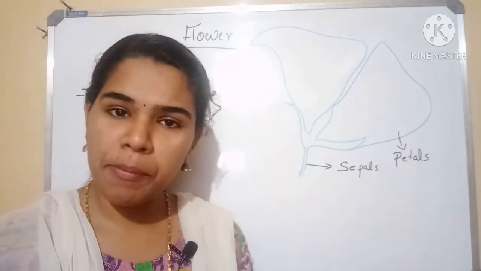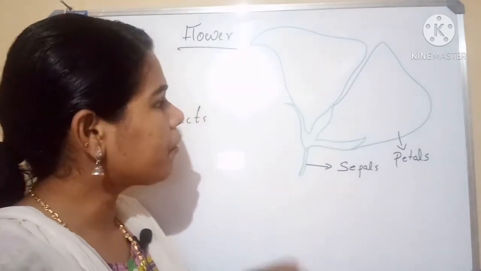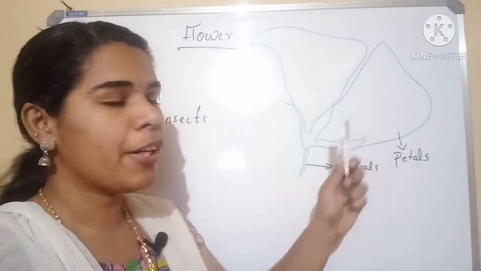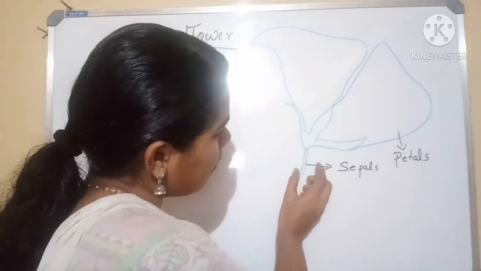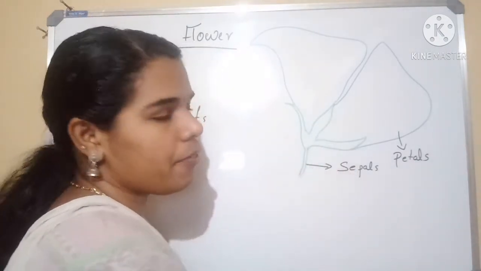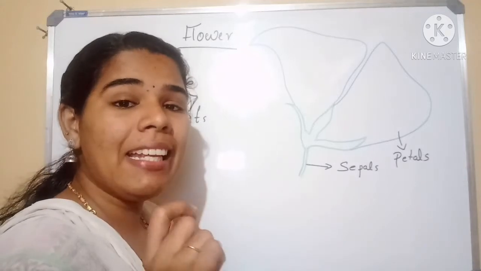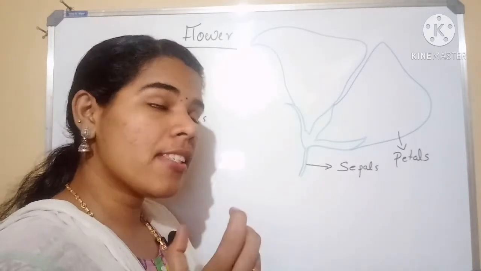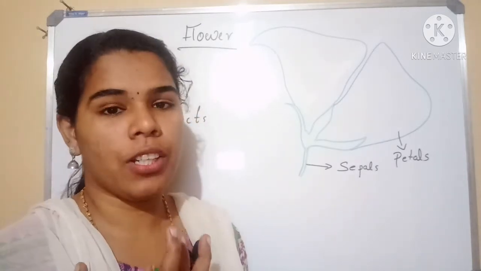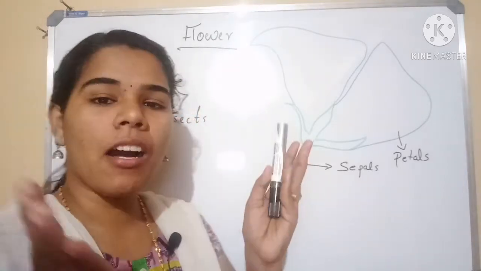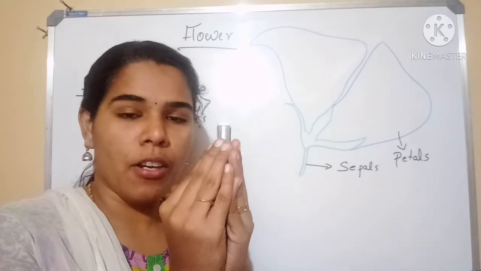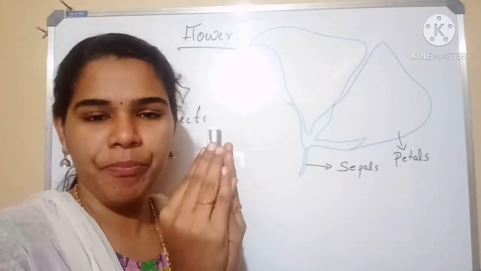So it's very simple. The outer part of the flower is classified into two. The first one is sepals. You can see them on the lower side of the flower, mainly greenish in color. From the bud stage, you can see the sepals cover the petals for protection.